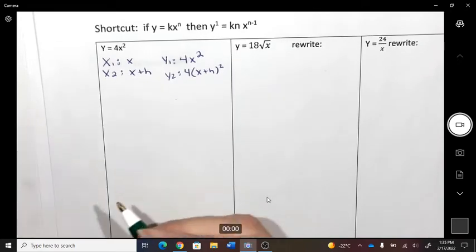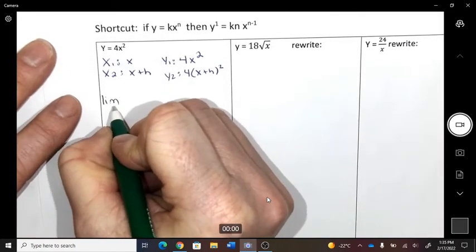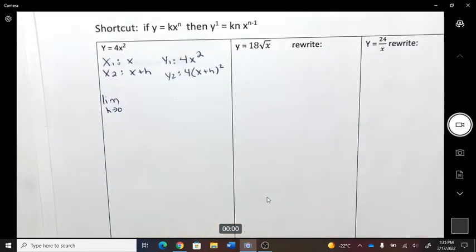Okay, so now I'm going to do the slope, and I'm trying to make the distance between my points eventually get to 0, which means if my points are 0 away, they're actually 1 point, which means it's going to eventually be a tangent line.